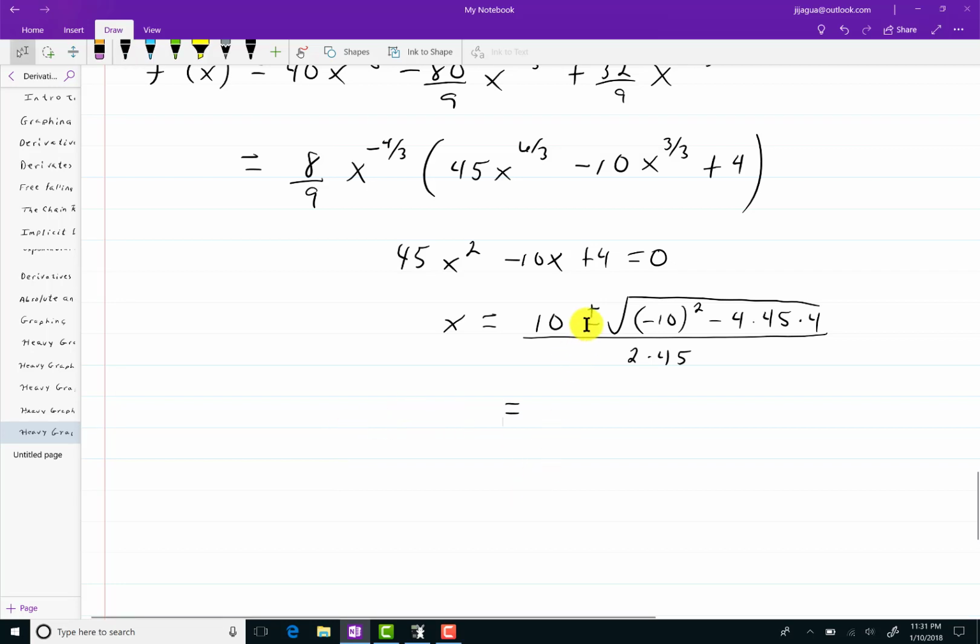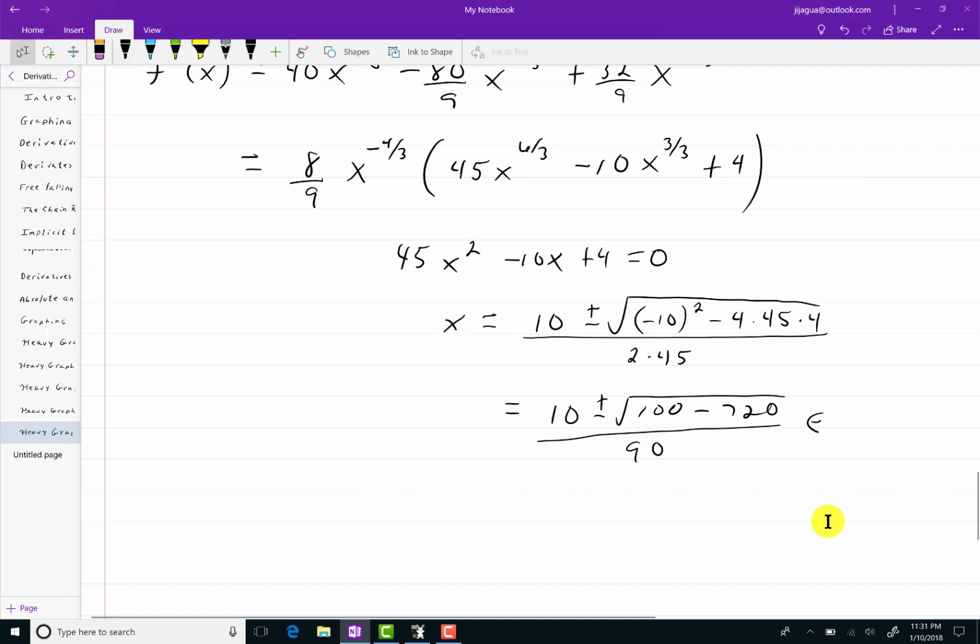That equals 10 plus and minus the square root of 100 minus 720, all over 90, which I can stop right there.